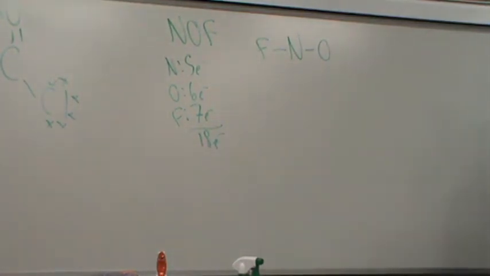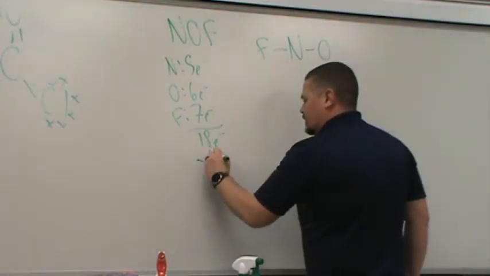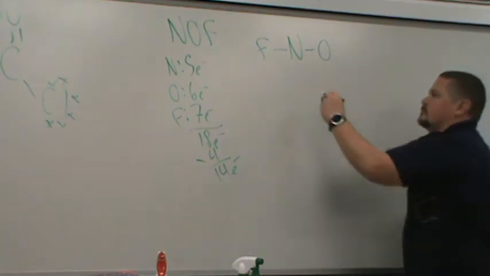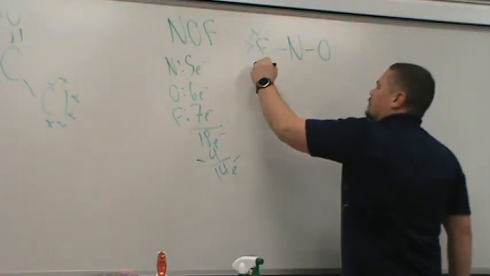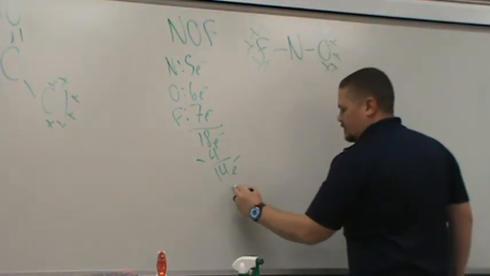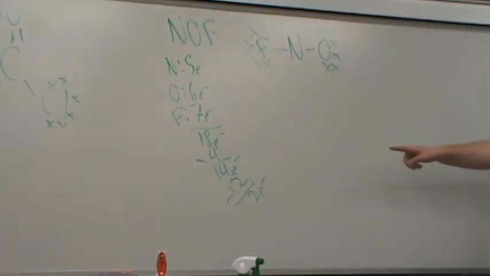So if we go ahead and draw our skeleton structure, single bond to the fluorine and oxygen, used up 4, 14 remaining. 1, 2, 3, 4, 5, 6, 7, 8, 9, 10, 11, 12. So now we're down to 2. Those remaining 2, where are we going to put them?